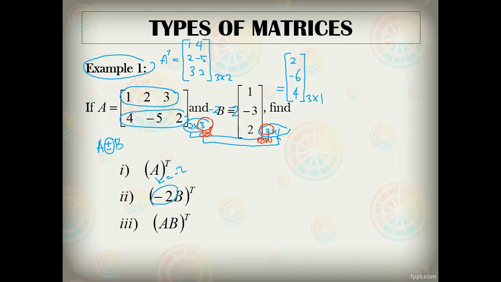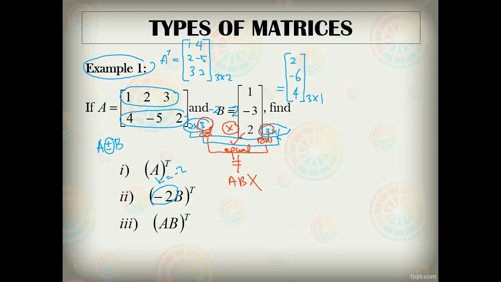So if they have equal number, then you can perform the multiplication A and B. If they are not equal, you cannot perform A multiply with B. So A and B is impossible to perform.